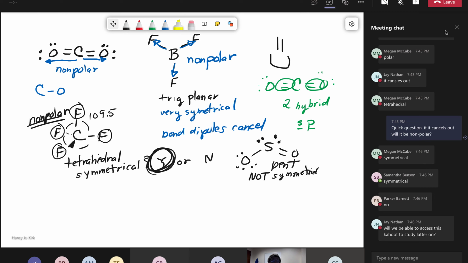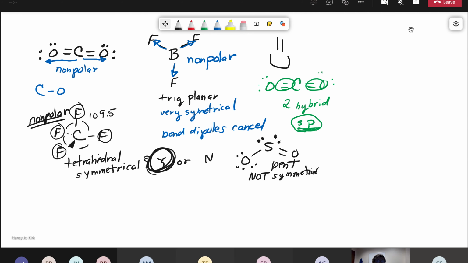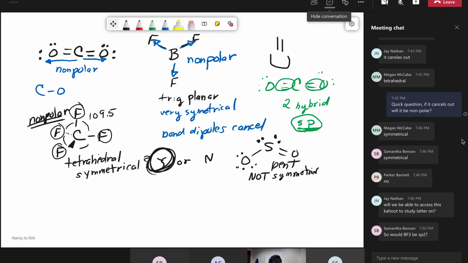It took 2 atomic orbitals, 1 s and 1 p, in order to make the sp hybrid orbital, and so you need 2 of them. If you have an sp orbital, that means you get 2 of them, so if you have 2 electron groups, then you have an sp orbital. Yes. And Megan asked the question.